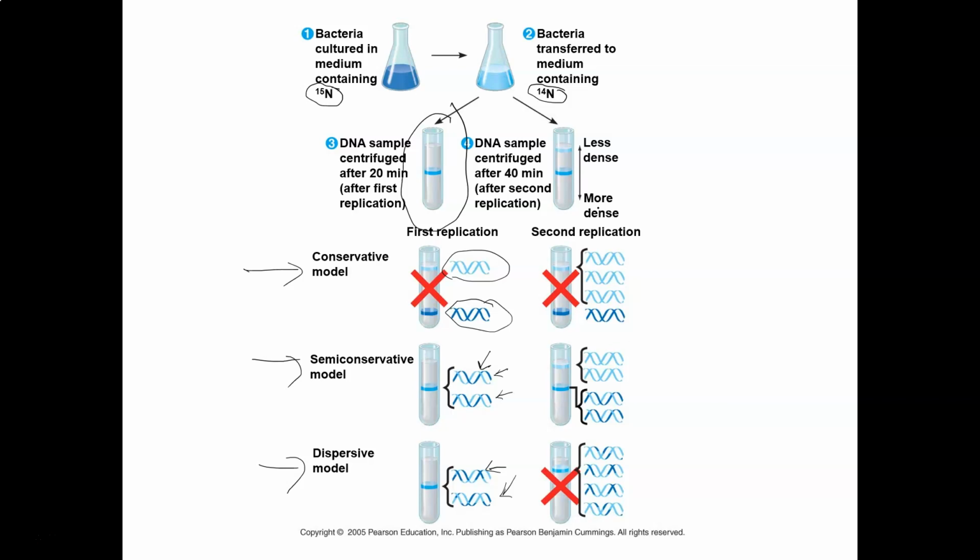And so you would get 2 bands. In the dispersive model, they would still all be the same, so you would predict 1 band, and they saw 2. So the second round eliminated the dispersive model, and that was the support that this experiment gave to the semi-conservative model.